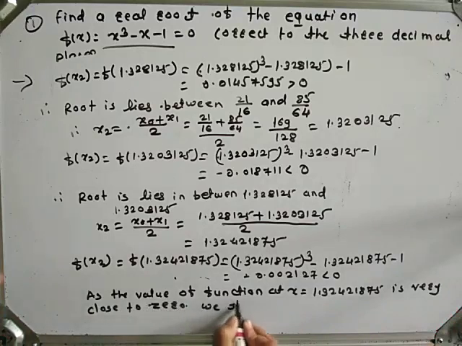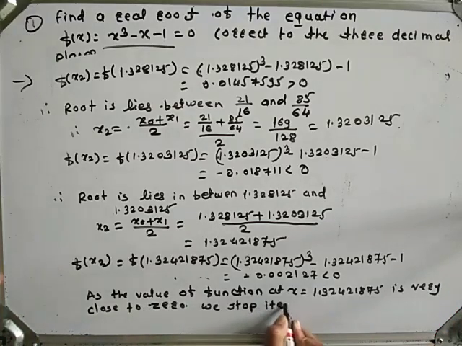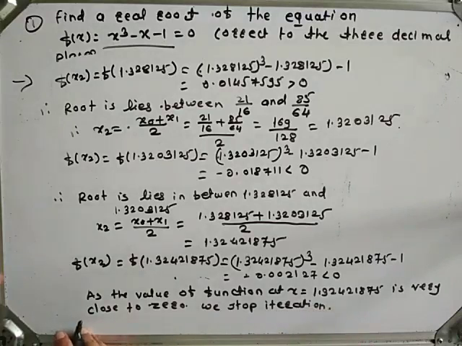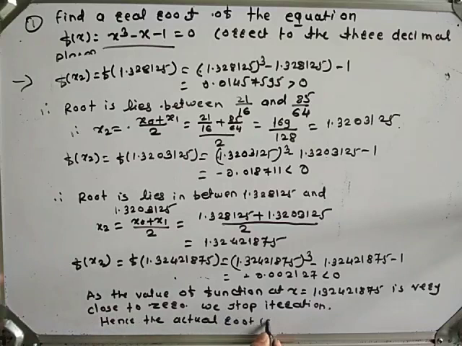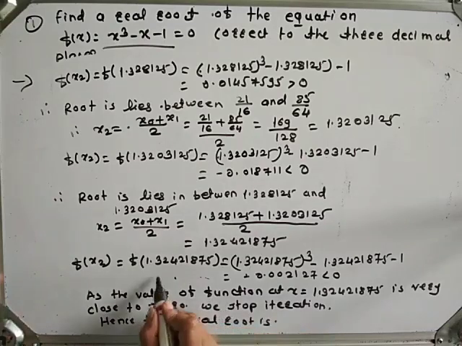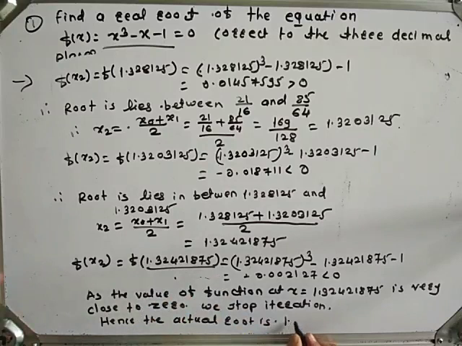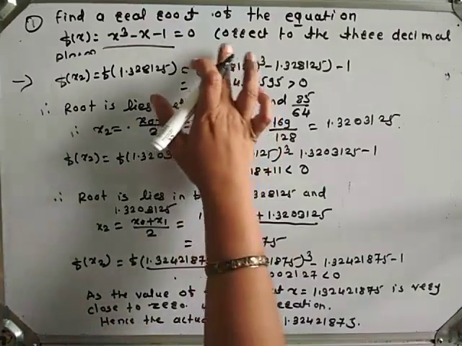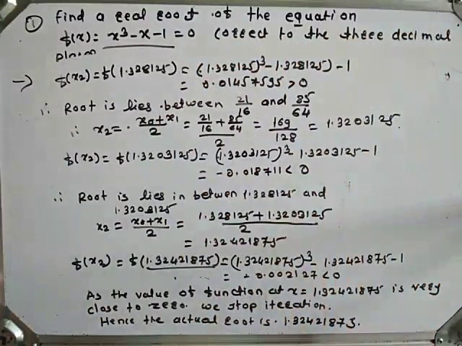So hence the actual root is 1.32421875. And what we have been asked is correct to 3 decimal places.